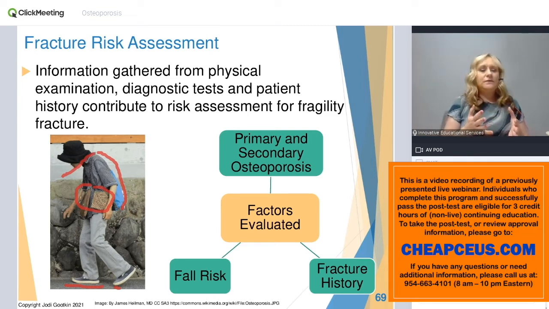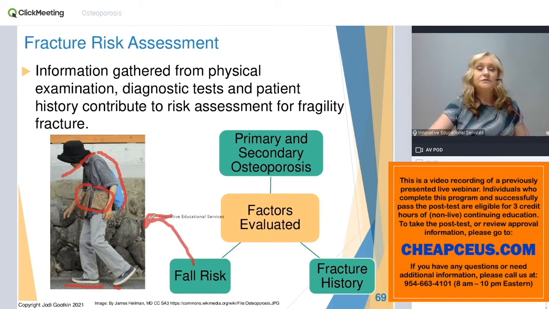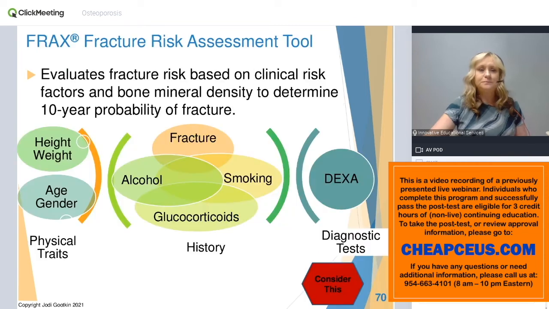And all of this, when we look at it, we have a concern, not only what caused it related to either primary or secondary osteoporosis, but we see a significant fall risk concern just from a mobility perspective for this individual. And we need to globally assess all the different risk factors for falling.